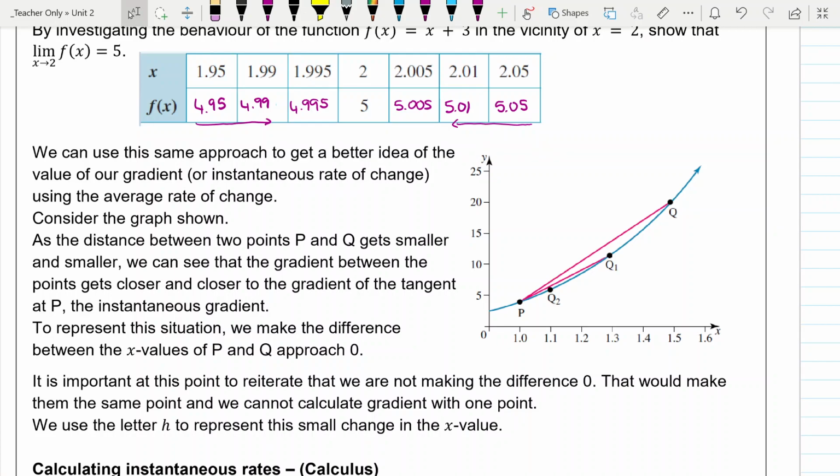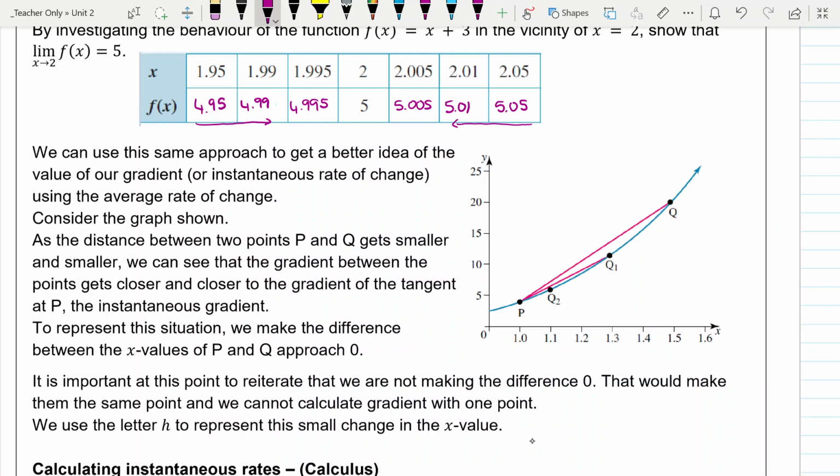Now we can use the same sort of approach to get an idea for the gradient of our tangent. Remember yesterday when you drew that tangent by hand, everybody's gradient was a little bit different. But if we draw chords, this chord from P to Q, and then a chord from P to Q1, and then a chord from P to Q2, and I make those chords shorter and shorter, remember, a chord is just a straight line, and I can find the gradient of a straight line.